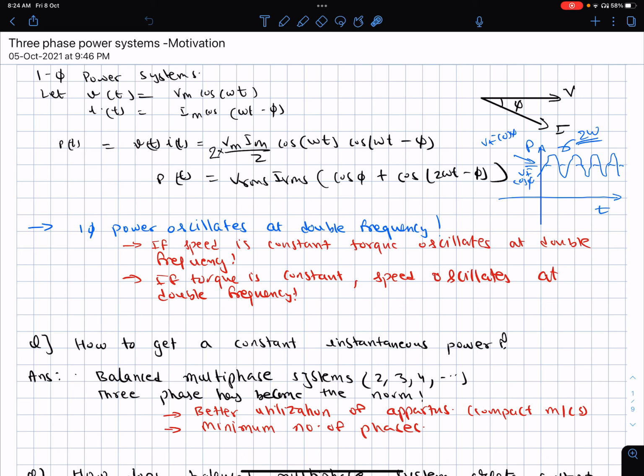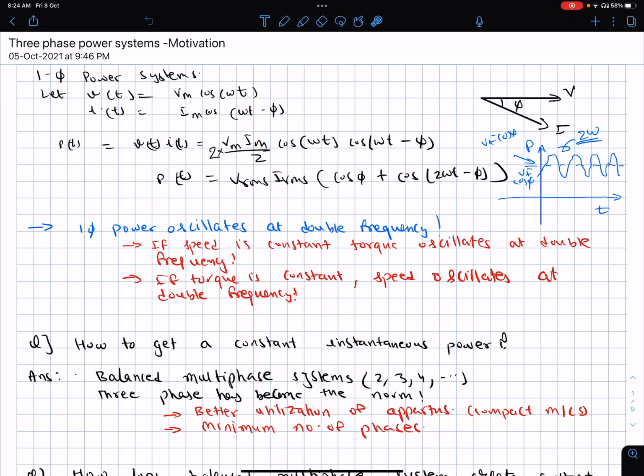For example, a traction application, and you are climbing up the hill and you need a certain amount of torque to compensate for the gravity, and then the speed is pulsating.